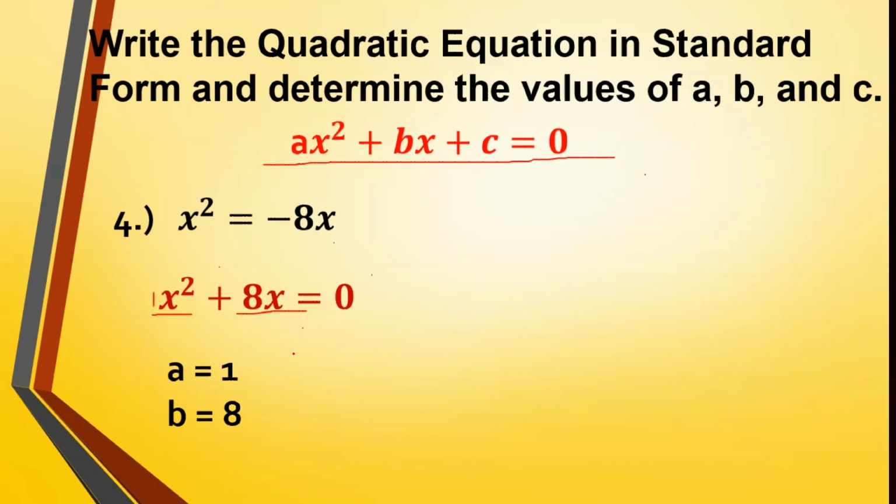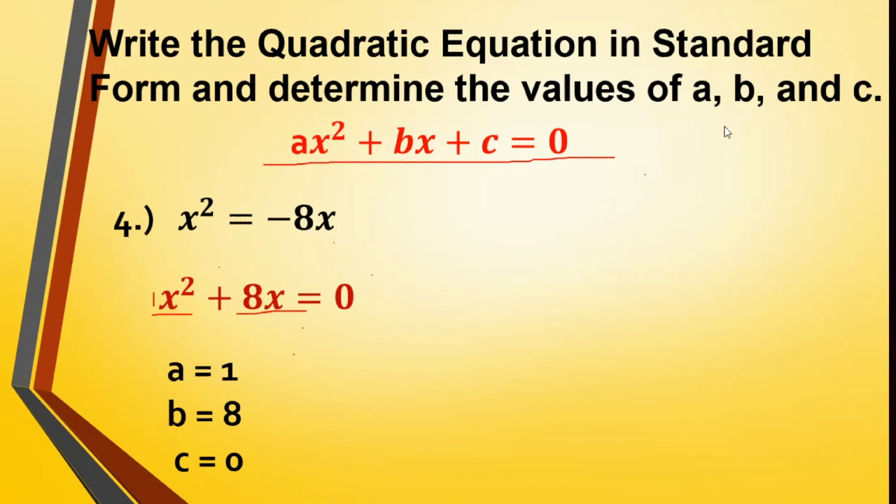So, dahil wala tayong C dito or wala tayong whole number, sige, lagyan na lang natin 0 po yung C palagi. Basta siya yung nawawala, lagay na lang natin 0 palagi. Hindi po na yung 0 is galing dito sa after na equals, hindi po siya. Okay? Basta siya yung nawala po, lagyan na lang natin ng 0. Okay?